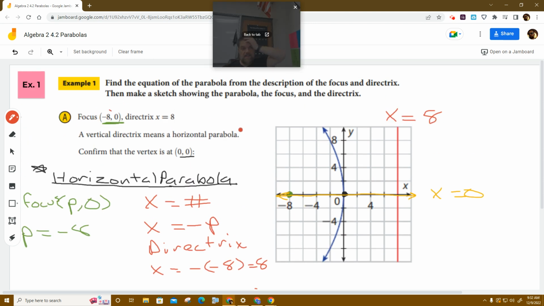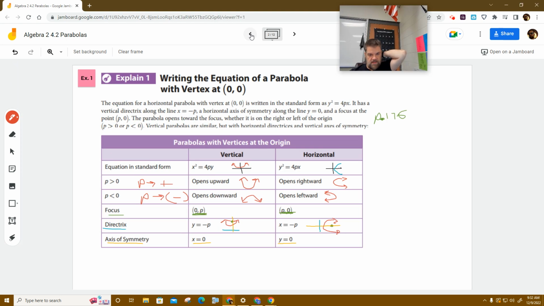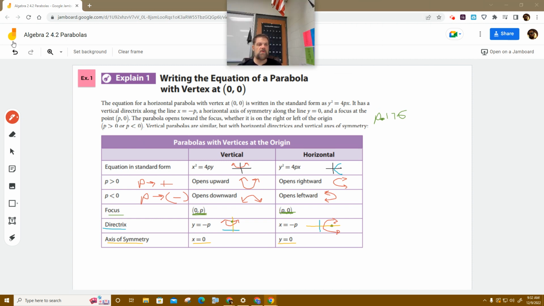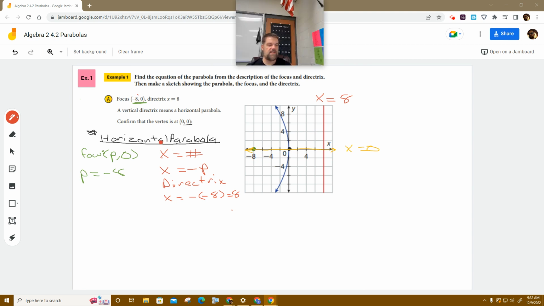The vertex, did we have any information about the vertex? Not really. We'll talk about that, but we can confirm that the vertex is at 0, 0 by the graph, okay?